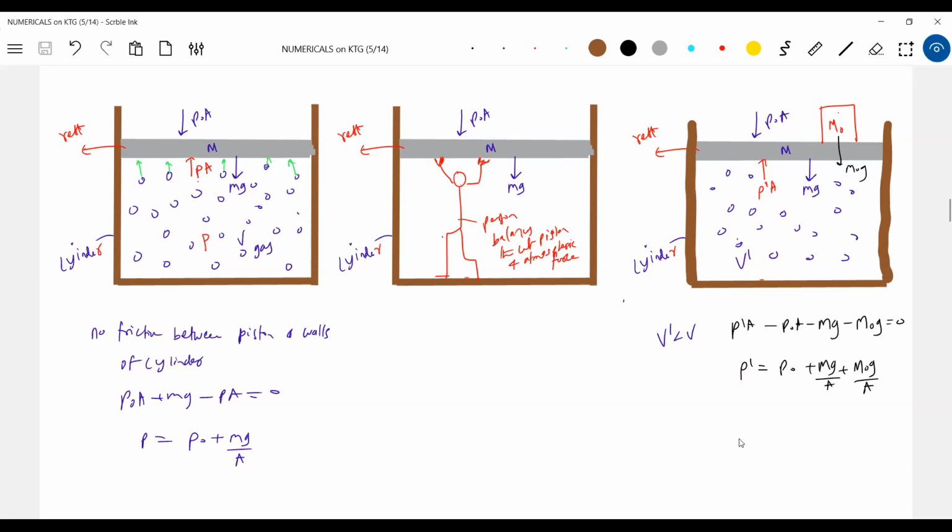So definitely, if you compare the first diagram, the number of collisions per unit time increases in the second case.